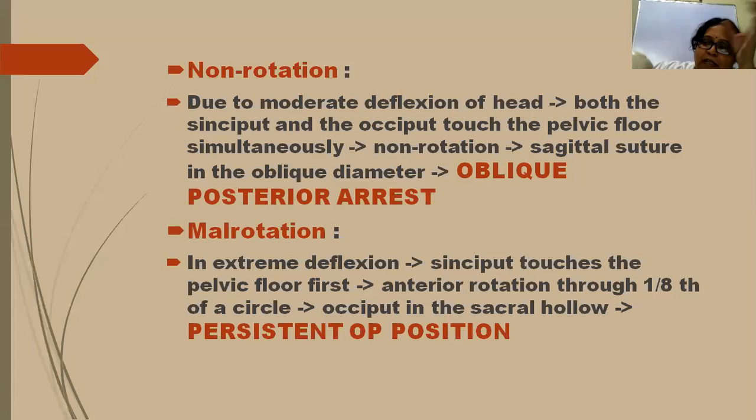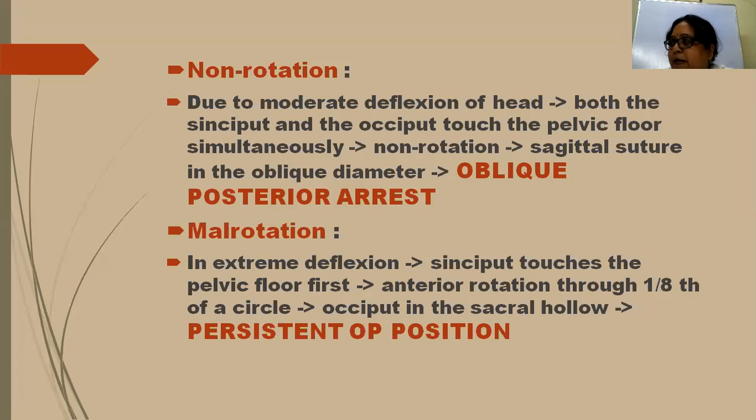What happens when the sinciput touches the pelvic floor first? It touches, then it will rotate posteriorly through a short 1/8 of the circle. When this touches, then this will rotate from the oblique to like this. And the occiput will be placed under the sacrum, and this will be in the occipito-posterior position only.